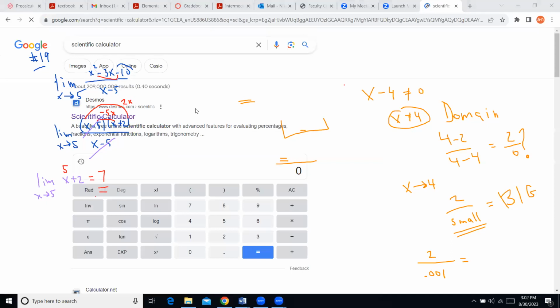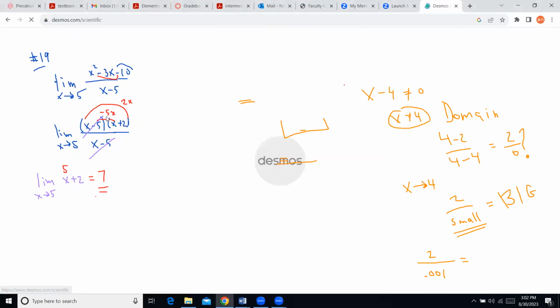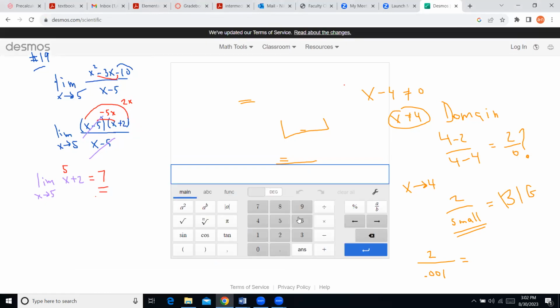Remember, we use this so-called Desmos, so I can select it and just divide 2 by something like 0.001, a very small number, and get 2,000. And now if I take a smaller number and put it in my denominator, if I divide not by 0.001, but by 0.0000, whatever, a bunch of zeros.